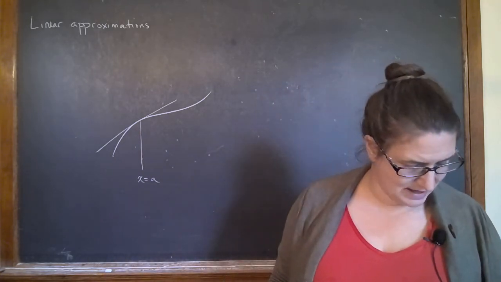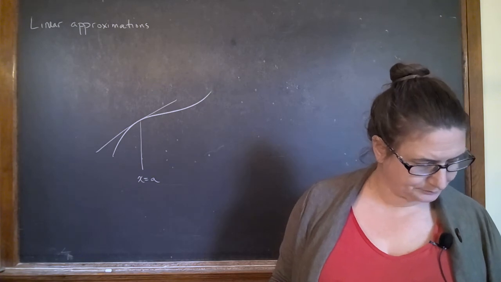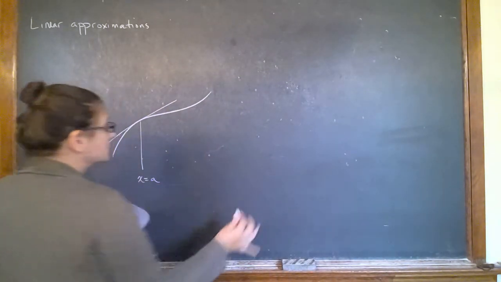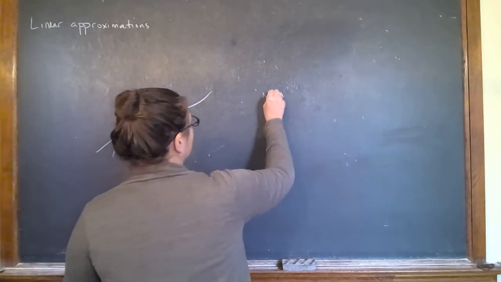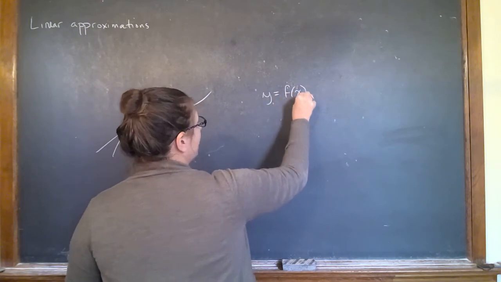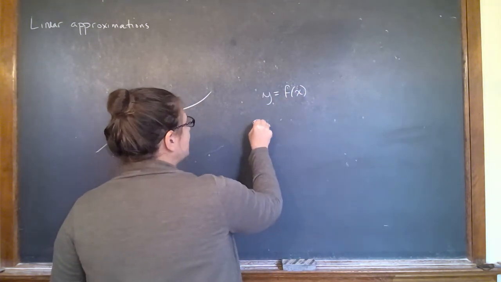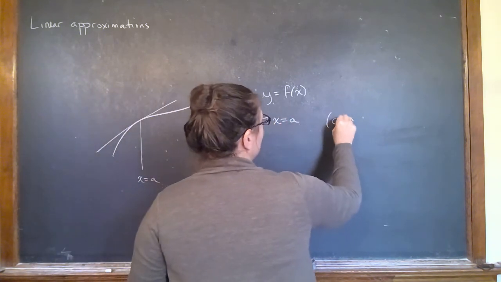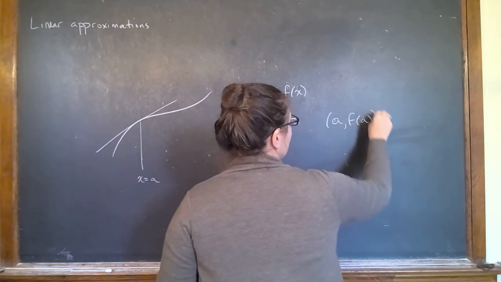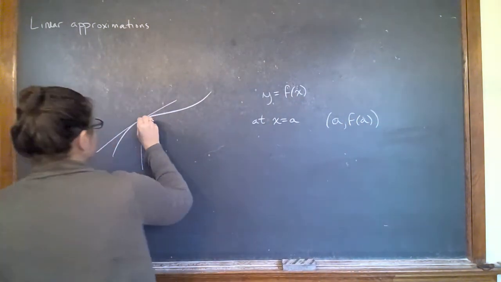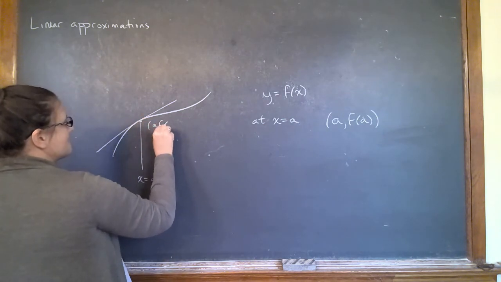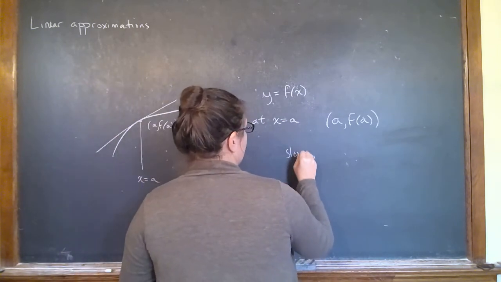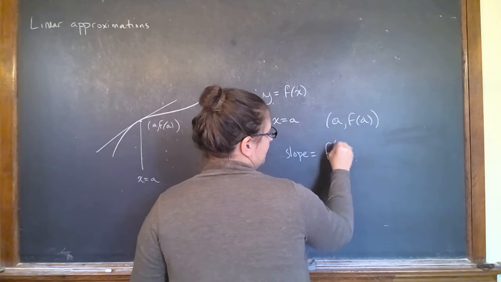So if I want to write this down in a general sense, I'm going to take my function y equals f of x. At the point a, we've got the value a, f of a. This is the point here. Now the tangent line has slope f prime of a.